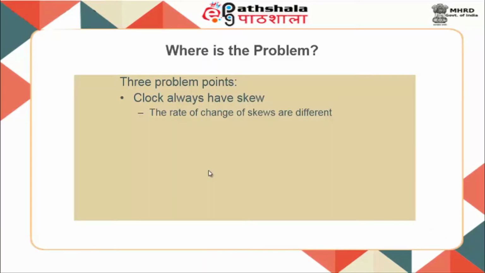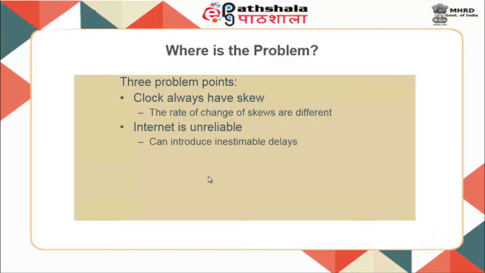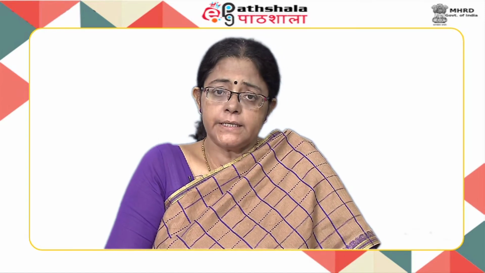And the rates of change, the drift that we are talking about, are not the same. Therefore, we cannot make an assumption that this clock is running faster or slower. It has to be checked. And all these distributed environments like cloud depend for their communication on the internet and thereby a networked environment.